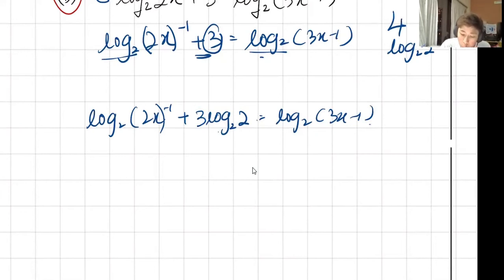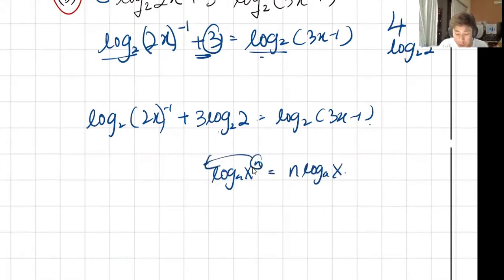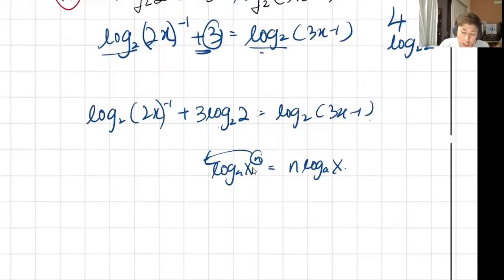Okay? When you want to combine, you tend to work in the opposite direction of the law of logarithm. For example, the law of logarithm tells you that if you have log base A of x to the power n, you can write it as n log base A x. You can bring the n down. Okay? So actually there's some observation I've made because I've done enough questions.